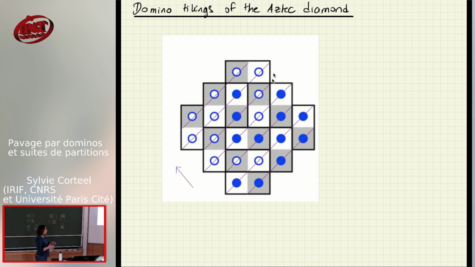Okay? So now I see this finite domain tiling as embedded in an infinite domain, where what I have to the left and to the right are completely frozen, only black and white particles.